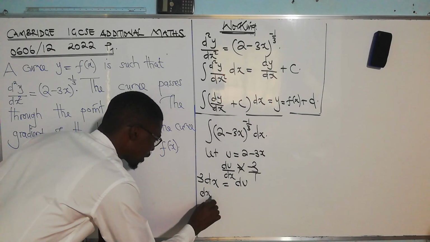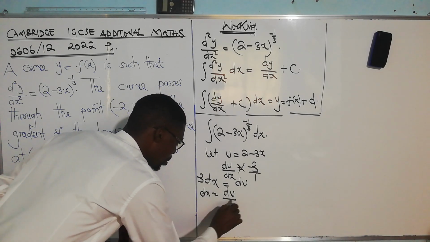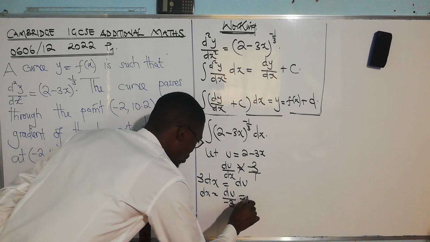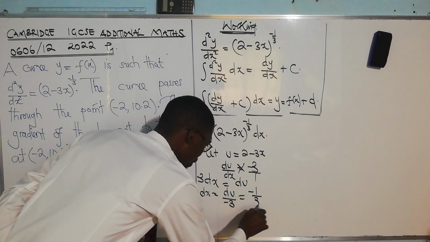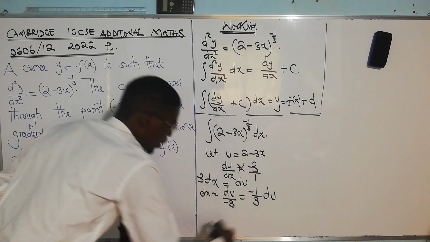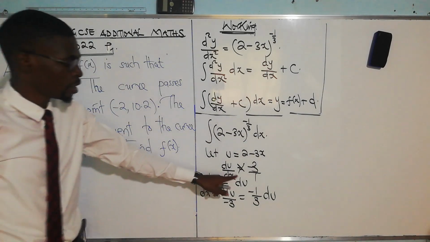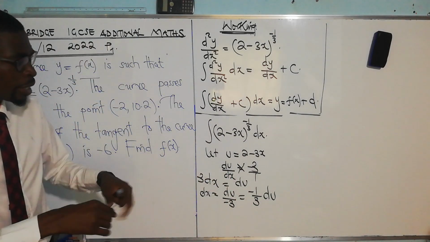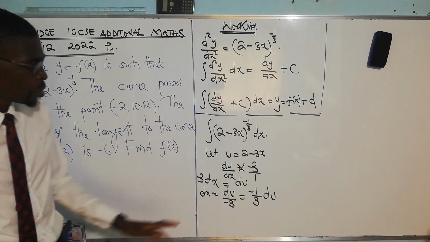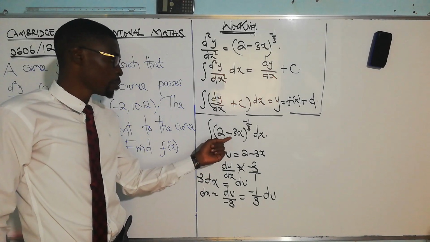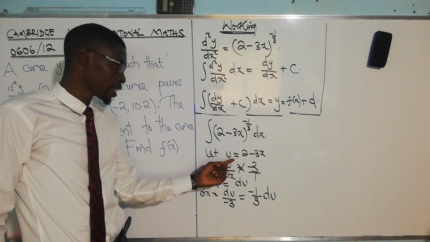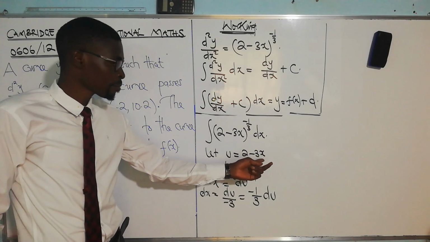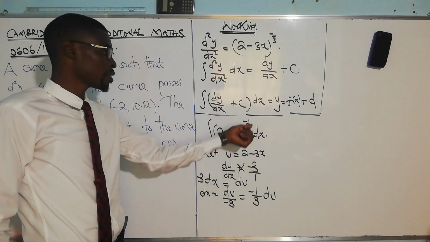Then dx is equal to du over negative 3, which is the same as negative 1 over 3 du. That is dx. So we are going to substitute now. Where there is 2 minus 3x, you put u, because u is equal to 2 minus 3x. So this will be u to the power negative 1 over 3.